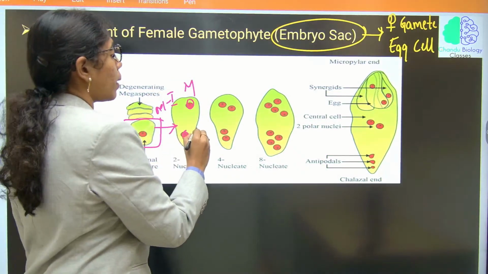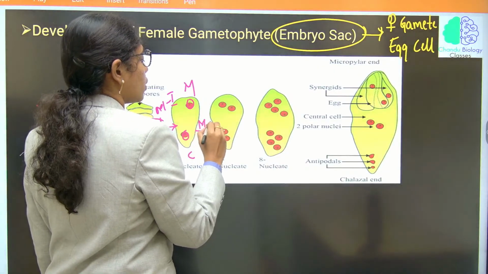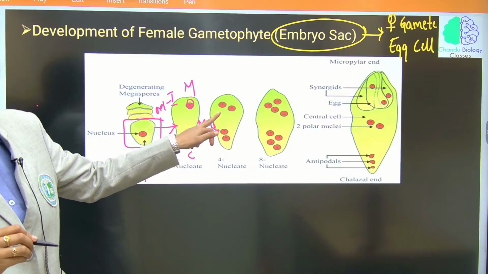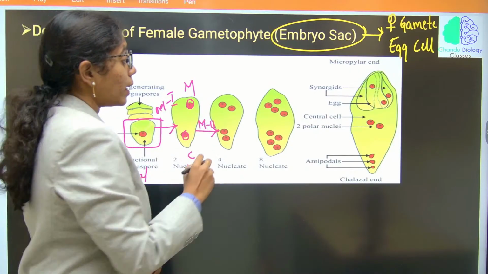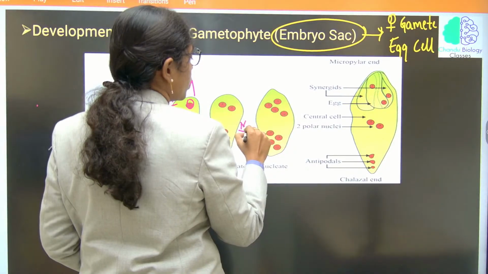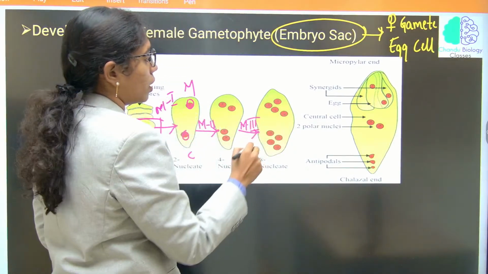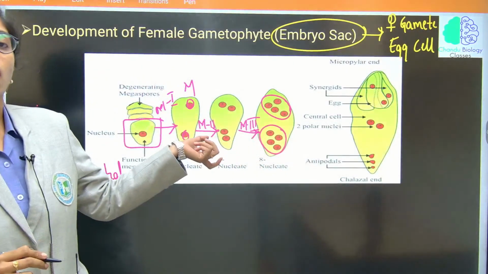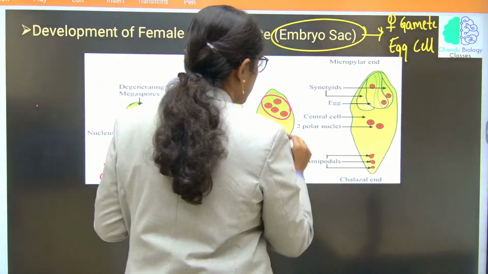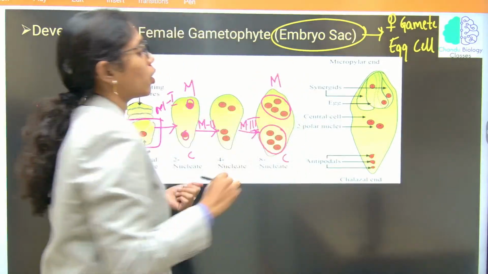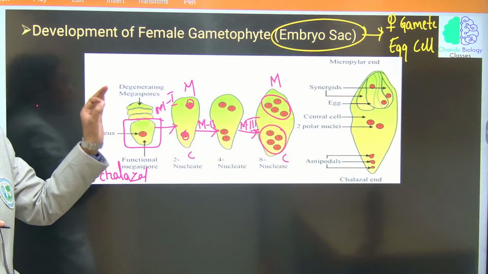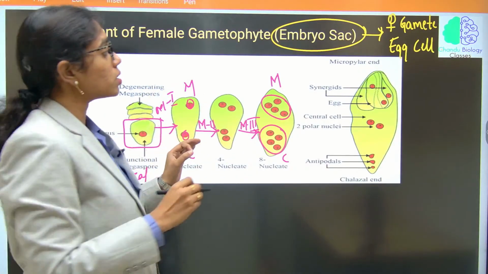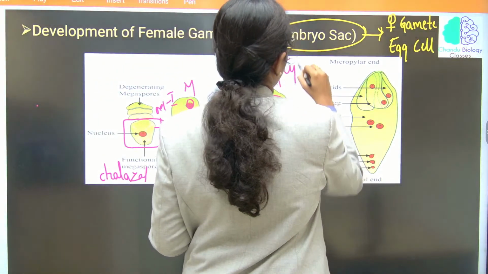After the second mitotic division, the daughter nuclei again move towards either end. After the third mitotic division, 4 nuclei are at the chalazal end and 4 at the micropylar end. Now after the third karyokinesis, cytokinesis will take place.